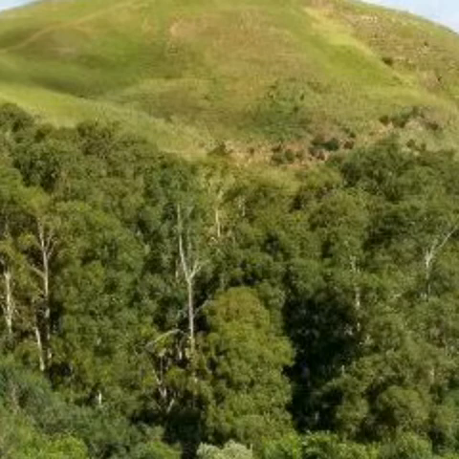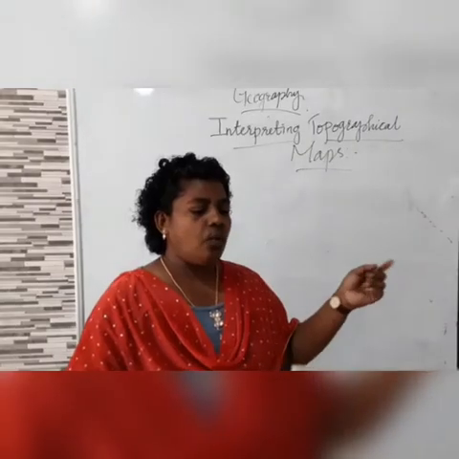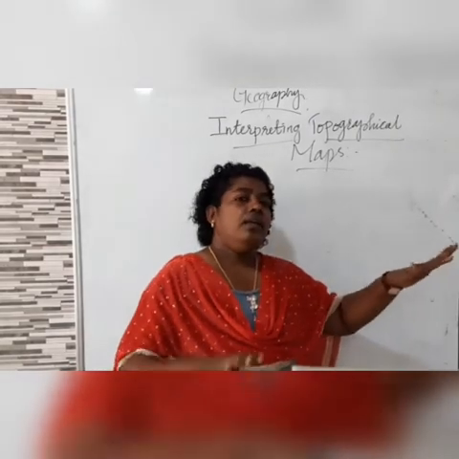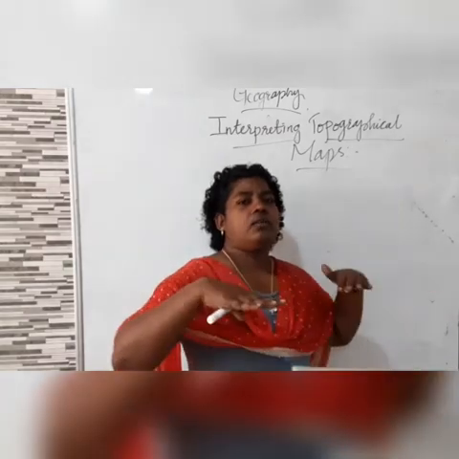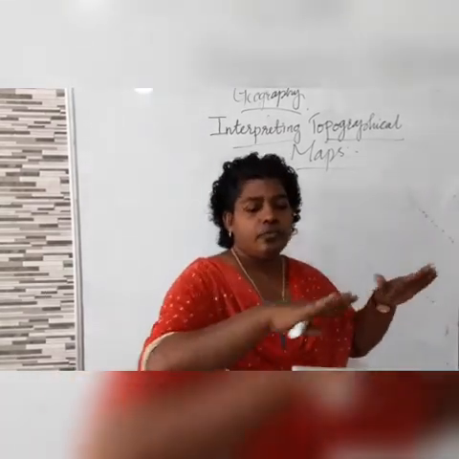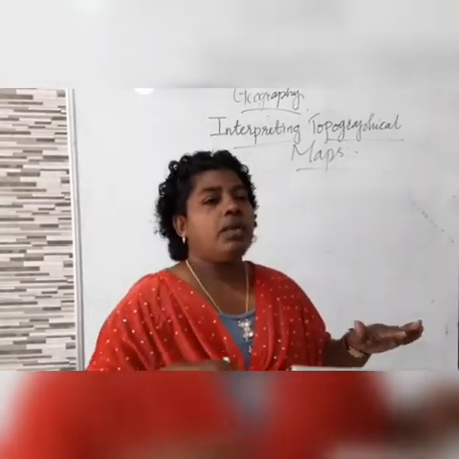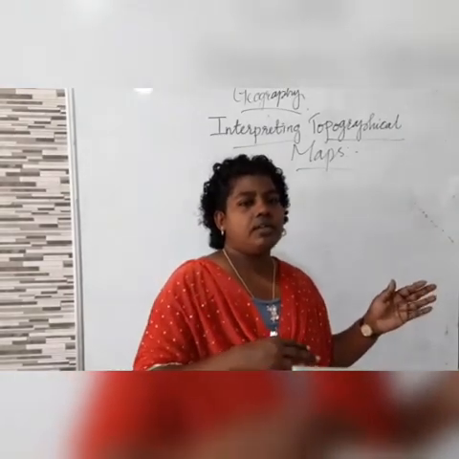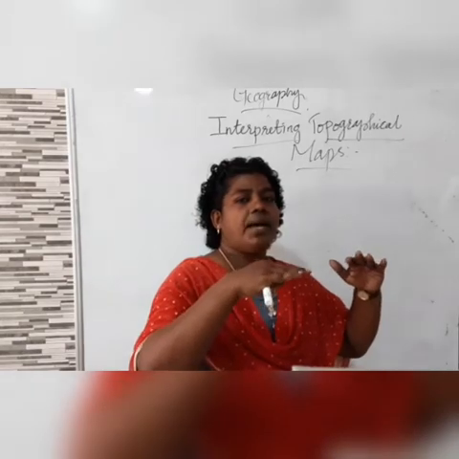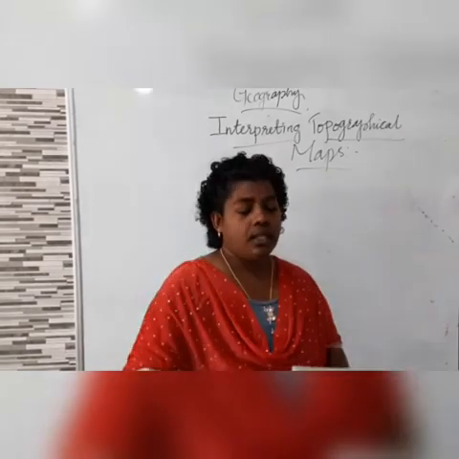So settlements also thrive on a plateau region. Why? The surface of the plateau is flat, and we call this plateau a tableland because it is raised comparatively higher than the surrounding area.